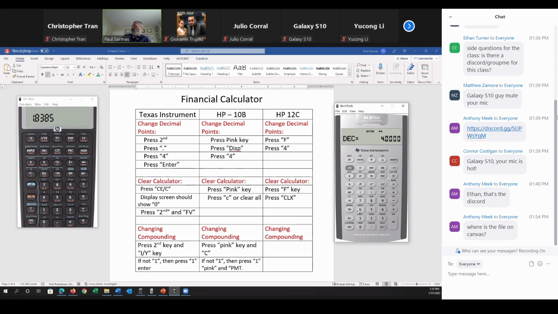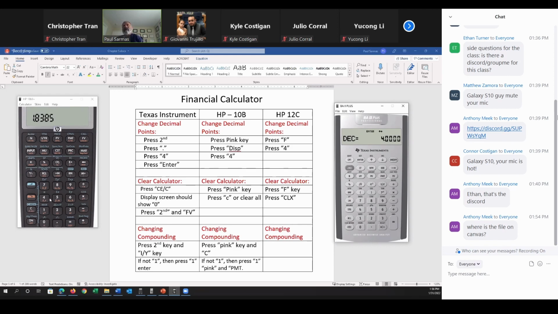You put in 4 and enter. Second dot, press 4, enter. It will give you 4 decimal points. Did you do it? Yes. Okay.